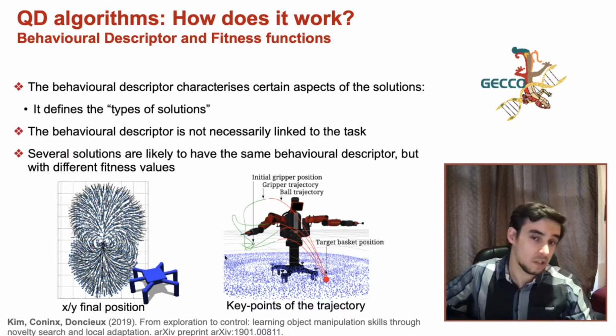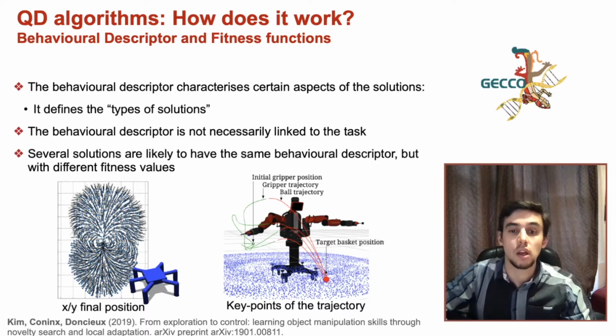And in this different task, which is a ball throwing task, the behavioral descriptor will be used to characterize the type of trajectories and the location where the ball is landing. Here you can see that we have a different type of behavioral descriptor because it will be defined according to the key points of the trajectory.